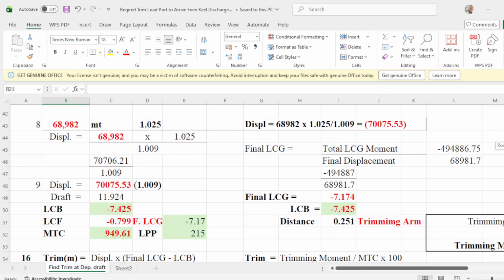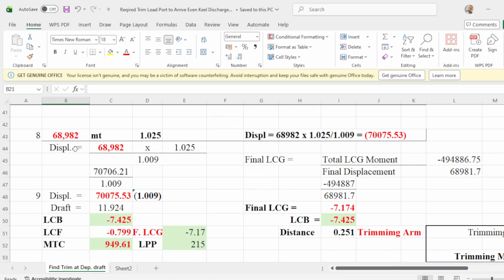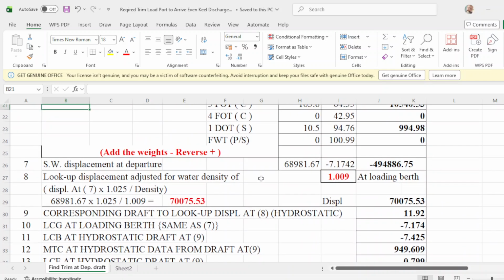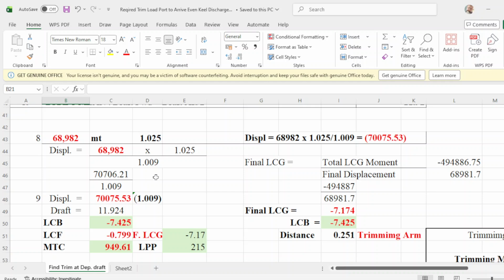Now, number 8, this is manual. I have here number 8. The displacement 68982, which is this one, it's already rounded off, times your density constant of 1.025 over the density in New Orleans.